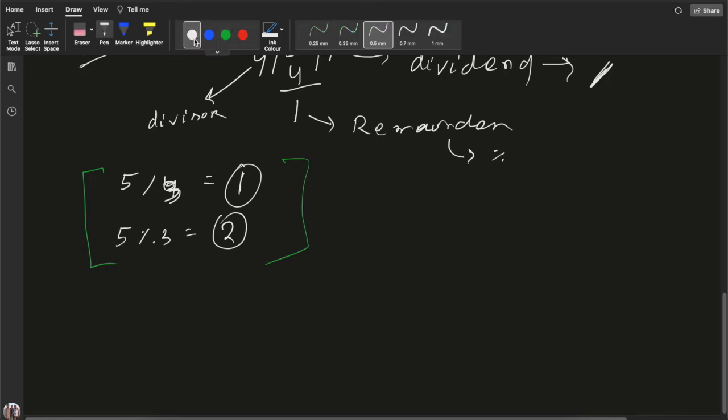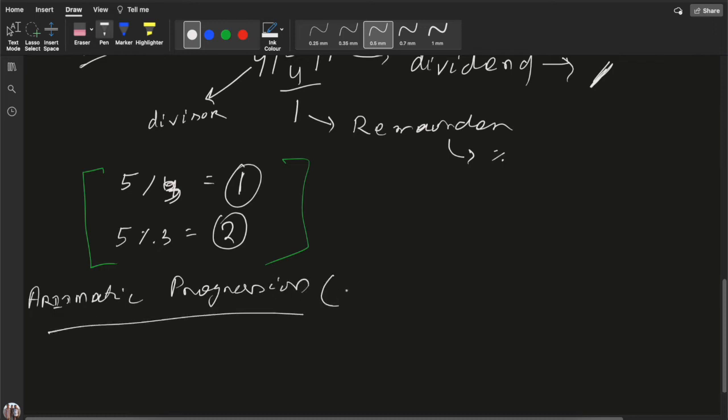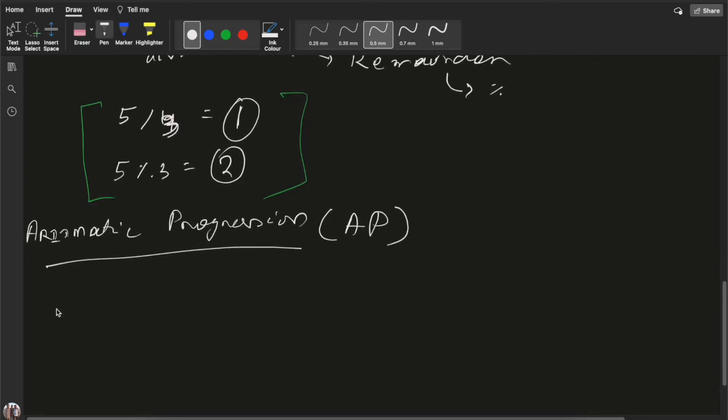The next formula is a little bit important. This is arithmetic progression, or it is also called AP. What is arithmetic progression? Arithmetic progression is a series of numbers which are incremented with the same value.